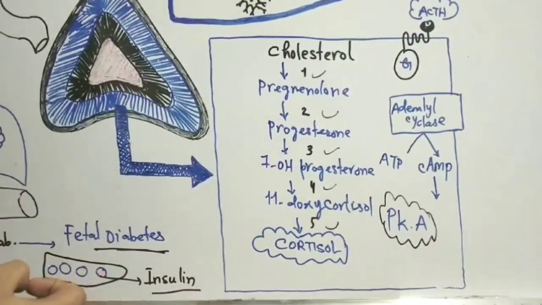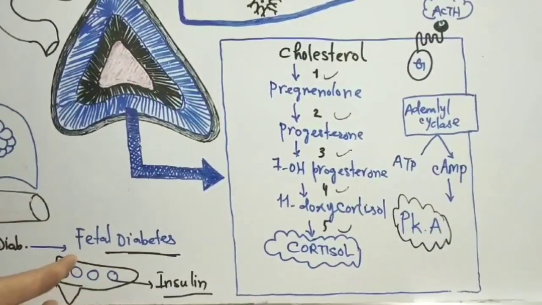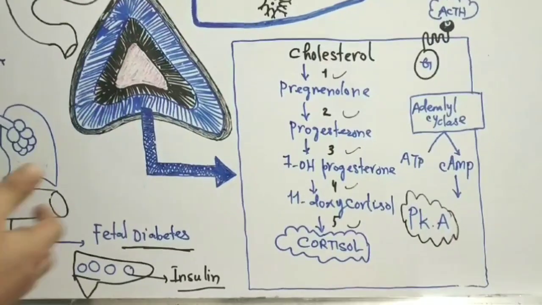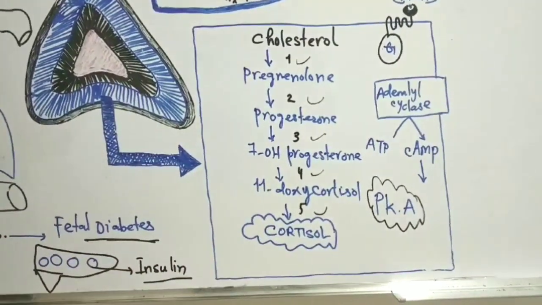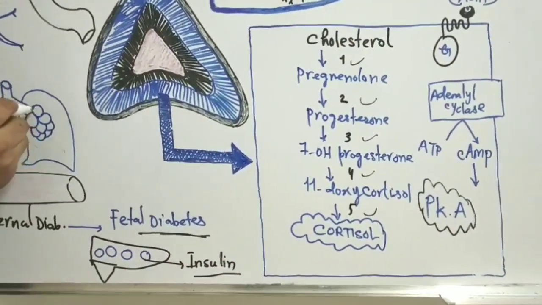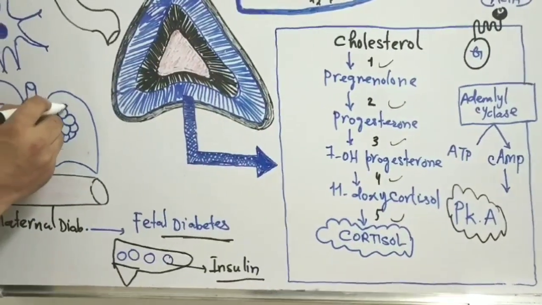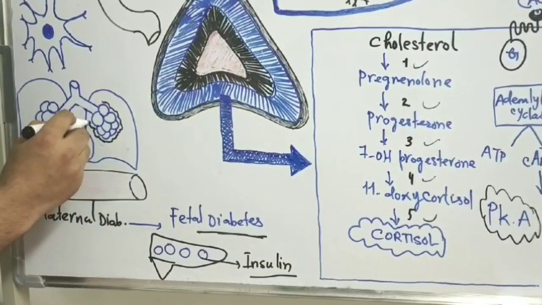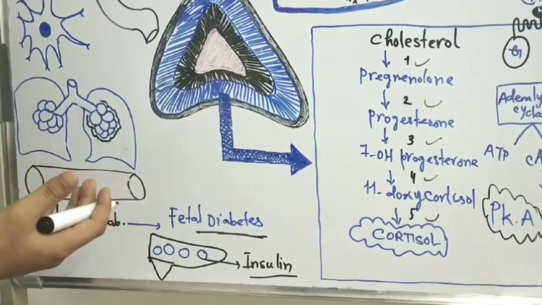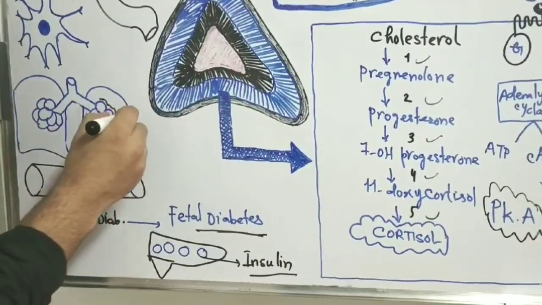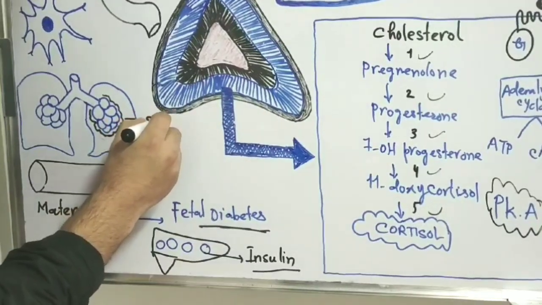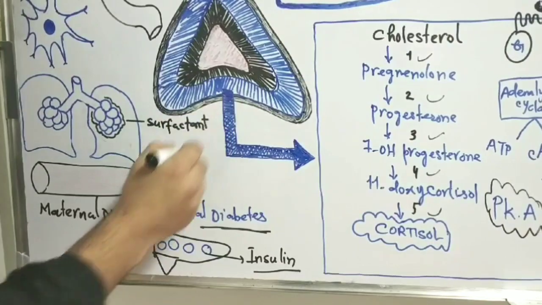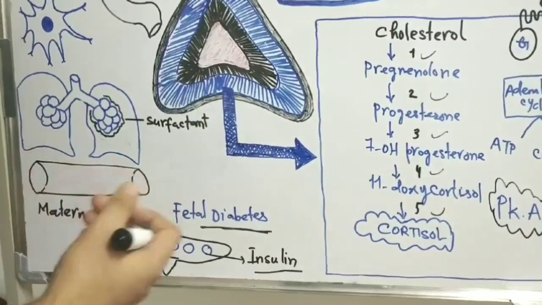But cortisol is a very important hormone so far as our respiratory system is concerned. How is it important? Look at here. These are alveoli. Around the alveoli, we have a protein and lipid complex which is known as the surfactant. Surfactant is actually the complex of proteins and lipids.